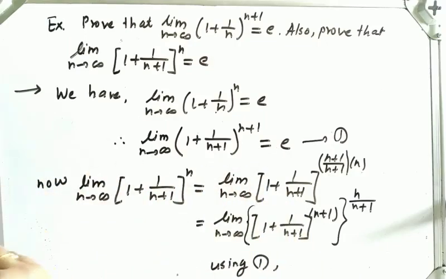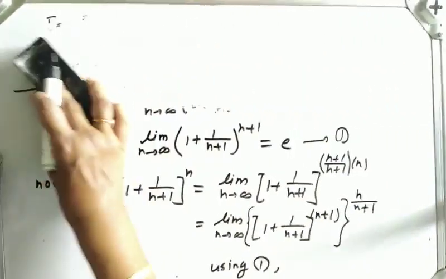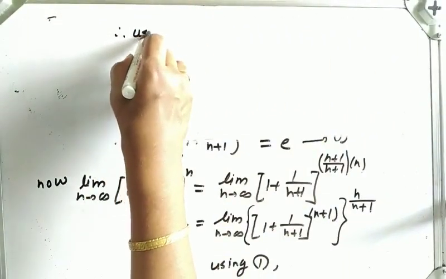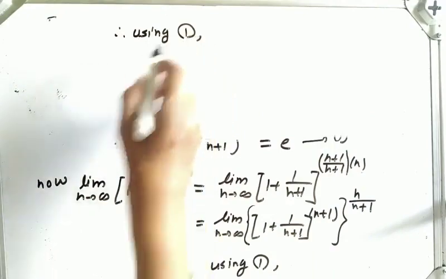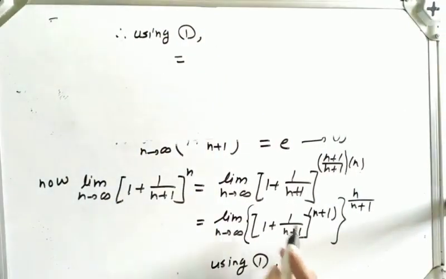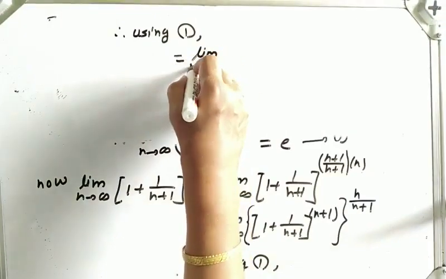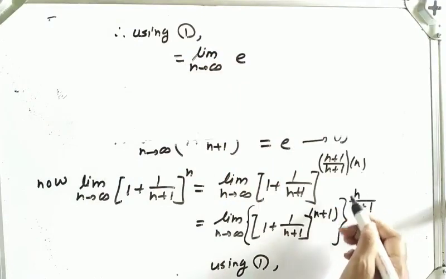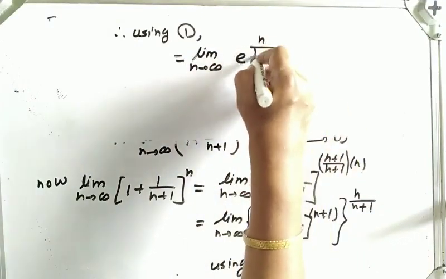Therefore, using 1, what do we get? This part, limit n tends to infinity, is e raised to n upon n plus 1.